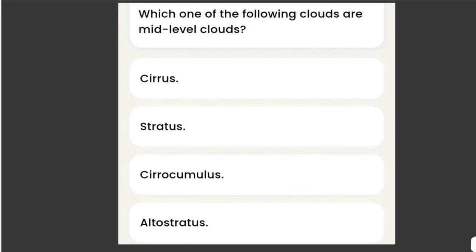Which one of the following clouds are mid-level clouds? Cirrus, stratus, cirrocumulus, or alto stratus? So what are mid-level clouds? Mid-level clouds, or middle clouds, occur at altitudes of 6,000 to 20,000 feet.